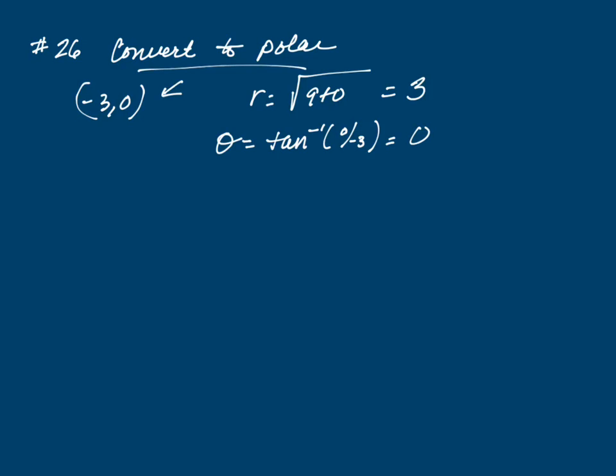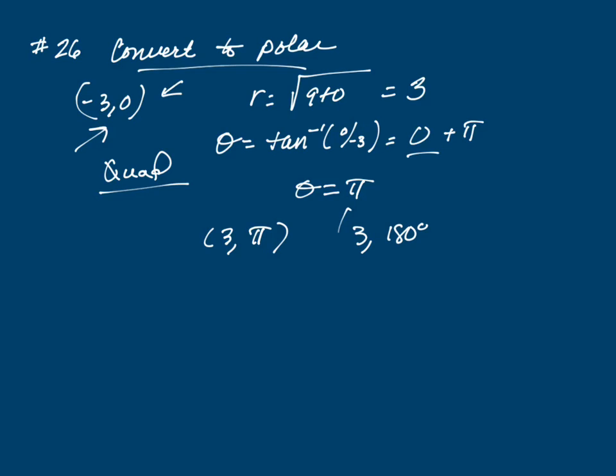But I'm in quadrant 2, and 0 would be the one in quadrant 1, so I have to add pi. So theta equals pi, or 180 degrees. So it would be 3 comma pi, or you could write 3 comma 180 degrees, depending on whether you were doing radians or degrees.